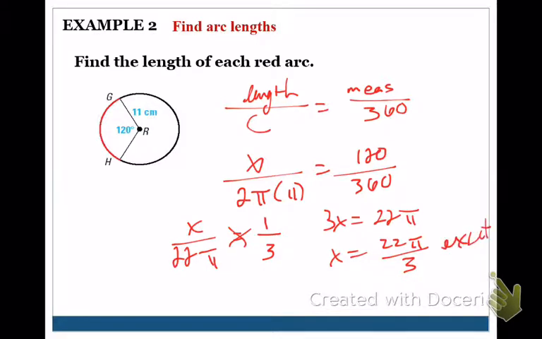But if you want the approximate, then we multiply out 22 times 3.14, and then divide by 3, which gets us about 23.03 centimeters.